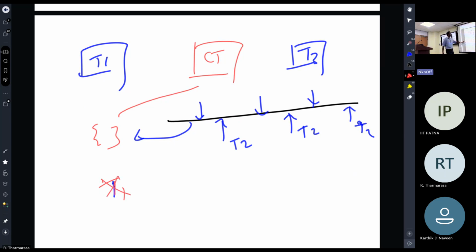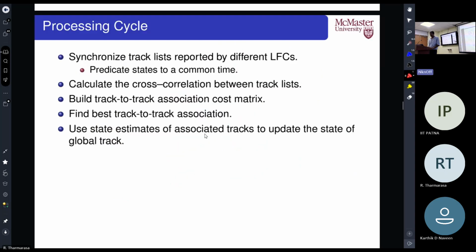When I get the first update, this one creates a track, maybe a copy of that. Next time when I get this measurement, I update this. Then when I get this, I update this. When I get this, I update that. Is that clear? The global tracker has a global track, and it will update this global track with the local one. Instead of going through the slides, this is the basic thing I think you need to understand.